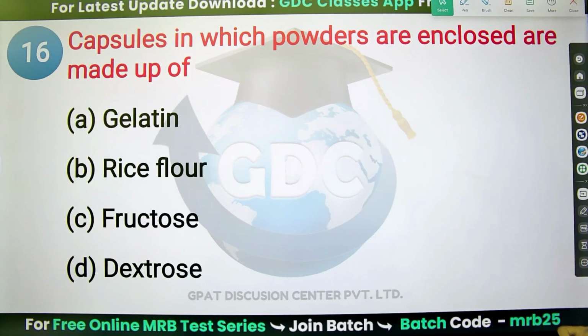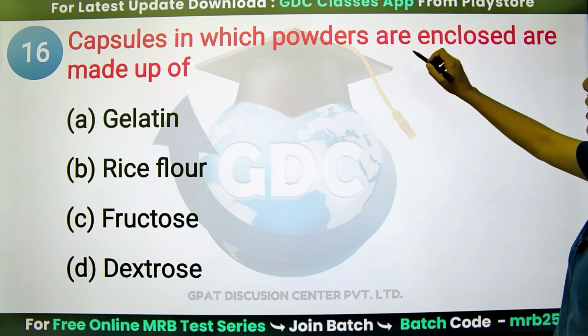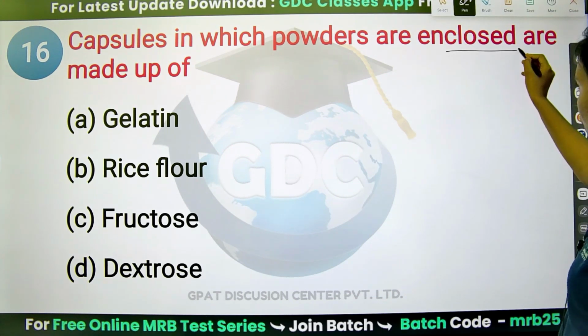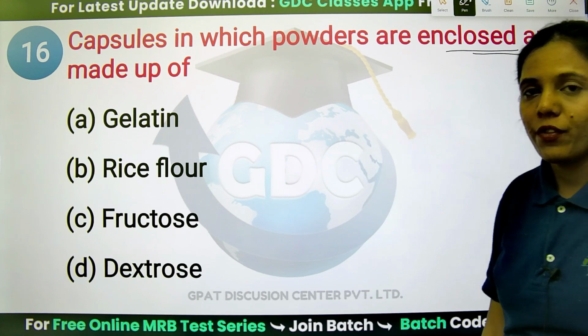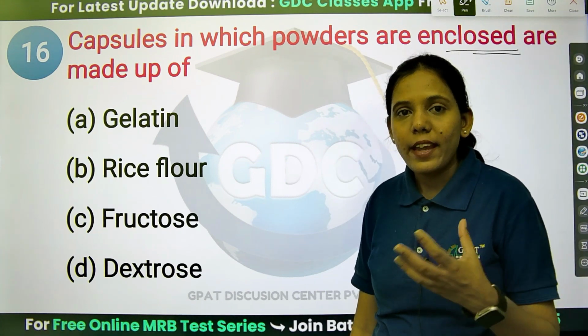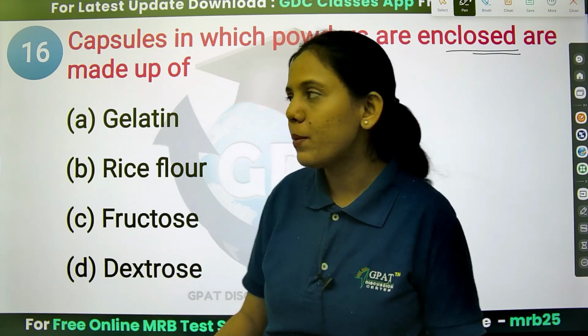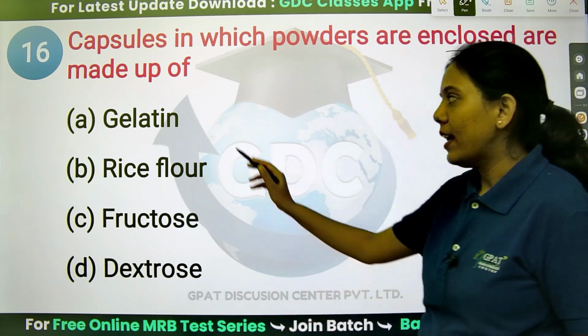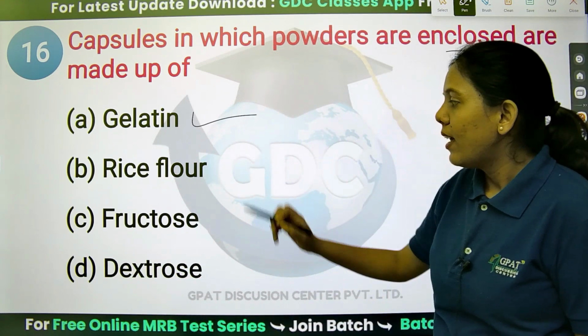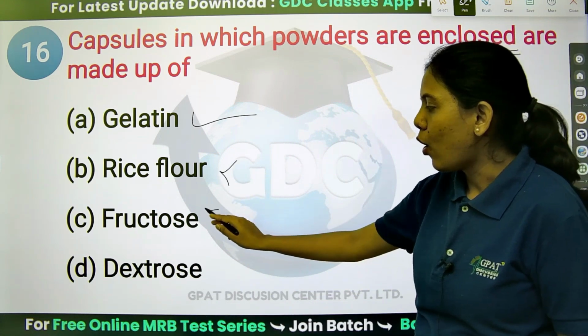Okay, sodium starch glycolate. The capsules in which powders are enclosed are made up of. We have already seen the capsule in which powders are enclosed, they are made up of, that means capsule shell, it is made up of gelatin. Yes, gelatin is the right answer. Rice flour, fructose, dextrose, these are not there. Okay.